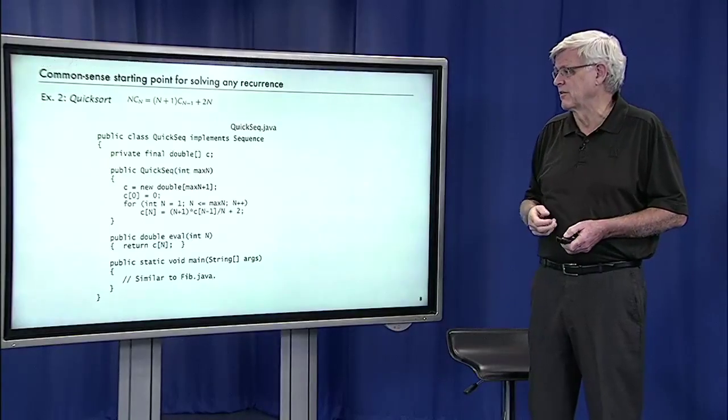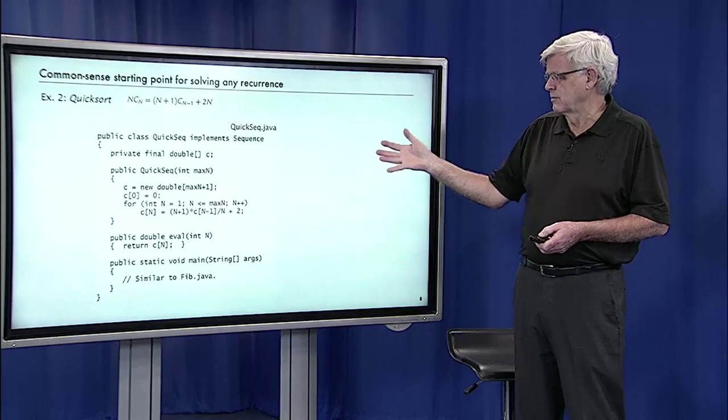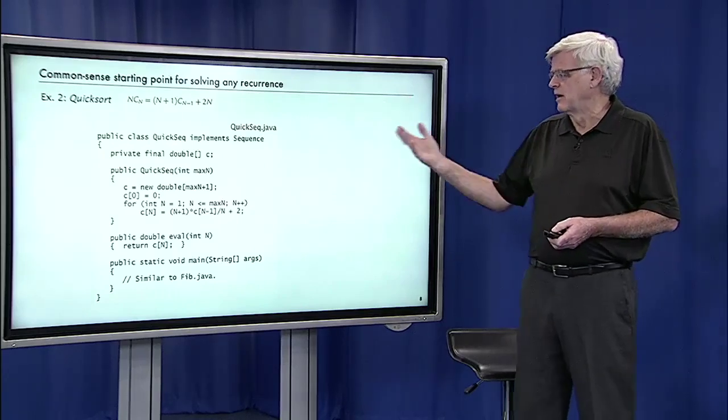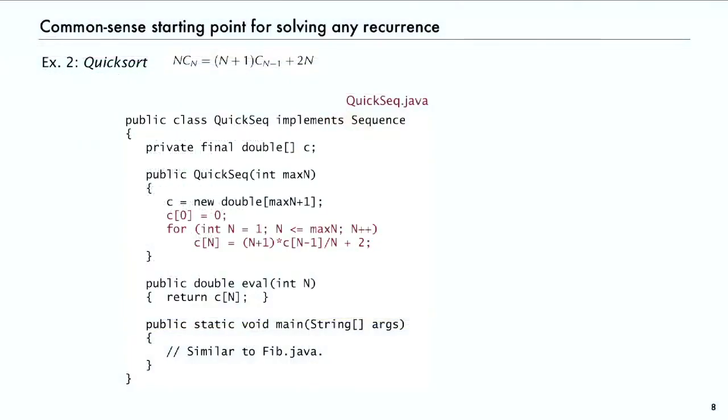Now remember, we did some algebra to show that we can make the quicksort recurrence a very simple linear recurrence rather than the one involving the sum. And so this is the corresponding code for the quicksort recurrence. Using that version of the recurrence, we can, in the constructor, create an array and fill it up with the first n values just using that recurrence.